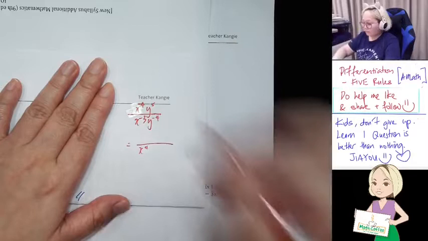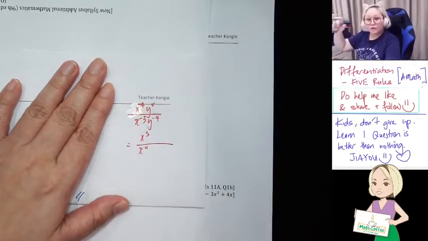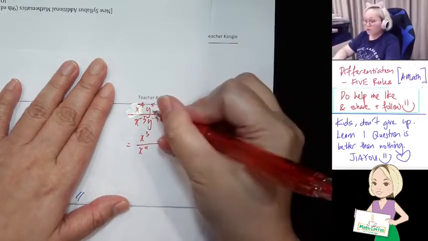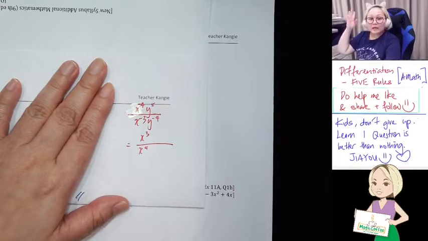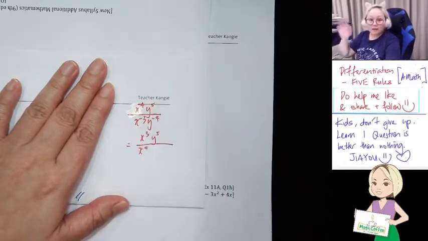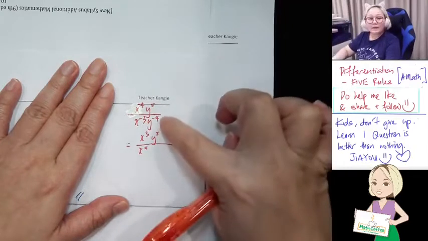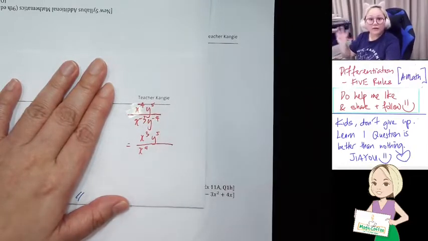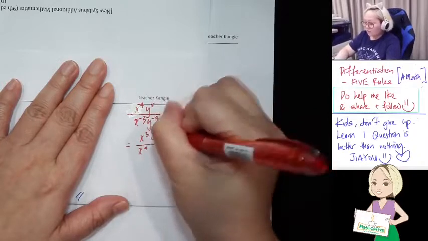So you bring it up. Of course, when you switch numerator to denominator and denominator to numerator, the power becomes the opposite sign. The y^5 is already positive at the numerator, so we just leave it as y^5 in the numerator. Then the y^-4 is negative at the denominator, right? So I'm going to bring it up. So the y^4 goes up.